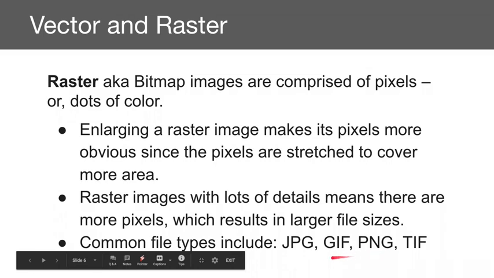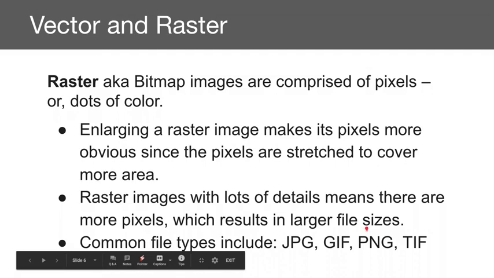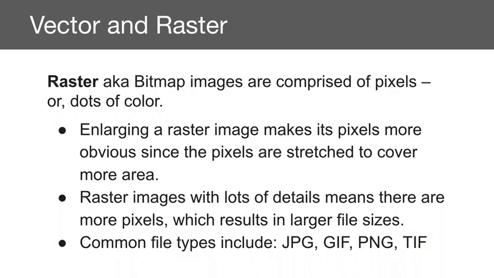These three, JPEG, GIF, and PNG, are what you find used on the internet almost every day, because of the relatively small file size. And then we have the TIFF, which is a high resolution raster image, and TIFF images are the best to use for photographic quality prints.